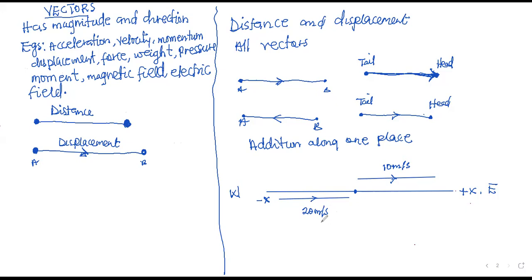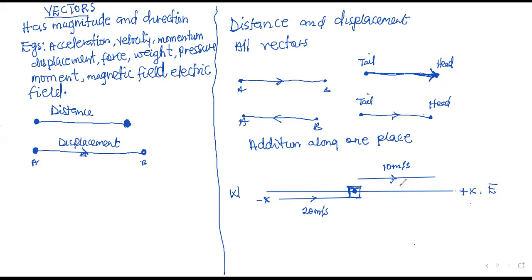And we are asked to calculate the resultant velocity. Let's consider these two velocities acting on a body, and this is the body. So the body is being acted upon by two velocities.